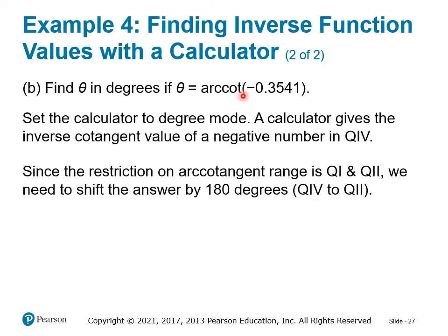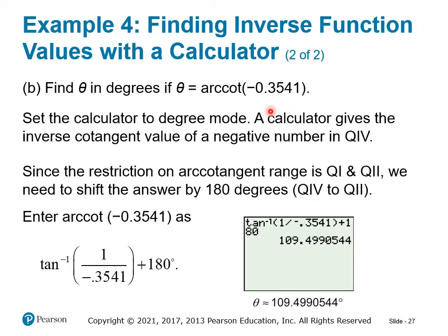Now this is a special weird case. Whenever you're doing an arc cotangent of a negative value, remember that this would mean that we are in quadrant 2, because the cotangent is negative in quadrant 2. But since we're using our calculator, the negative inverse tangent value will be in quadrant 4. So we always have to add 180 degrees, or pi, to our answer.